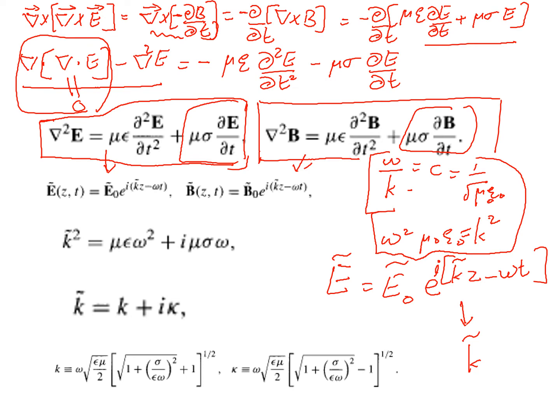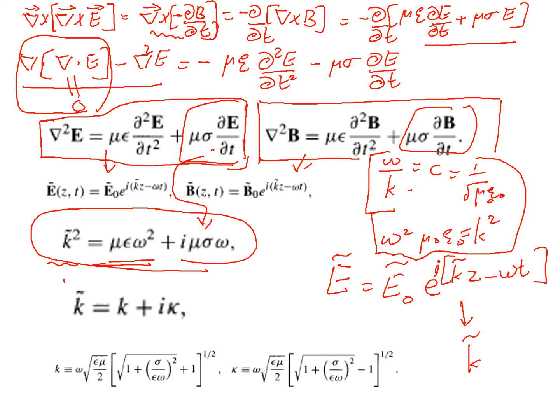But here you can see that in k square, other than the first term, mu 0 epsilon 0 omega square is replaced by mu epsilon omega square, plus there's an additional term, because we know the solution of this one is complex, it has a complex wave number. Therefore, other than the first term that we learned in case of free space, in case of conductors, we can write k bar square is equal to mu epsilon omega square plus i mu sigma omega, which corresponds to the second term or the modified term in the wave equation.